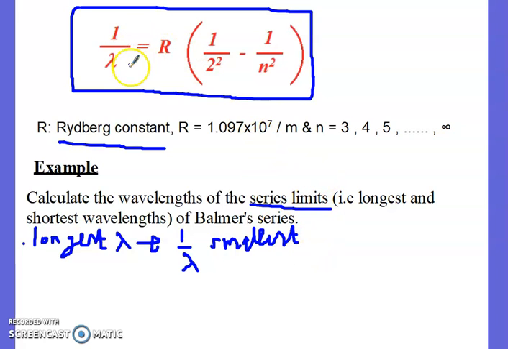To have smallest 1 over lambda, R is constant, means this number is smallest, right? So 1 over 2 squared minus 1 over n squared is smallest. If this is smallest, means minus 1 over n squared is what? Biggest, right? Because there is minus here. Means 1 over n squared biggest.